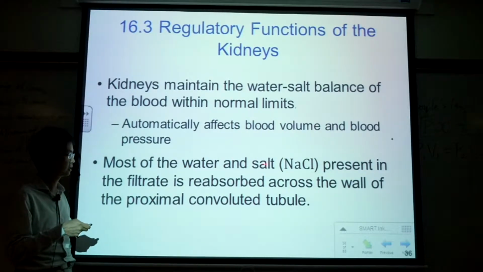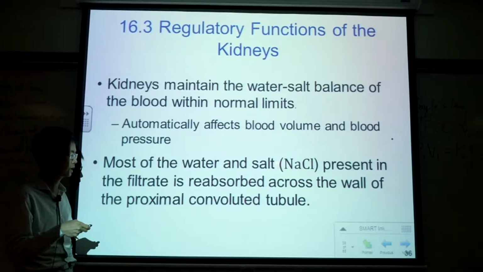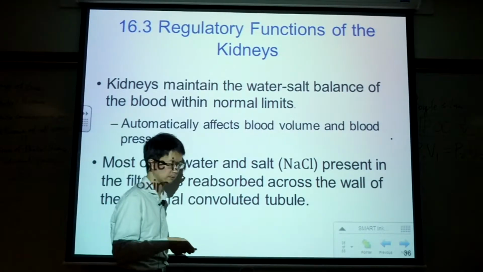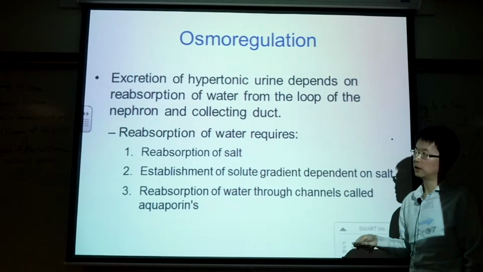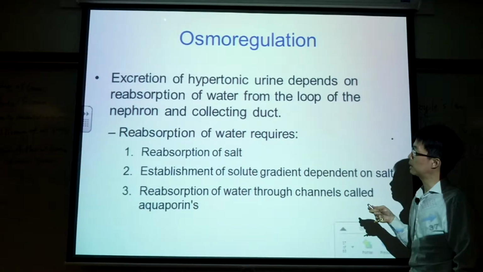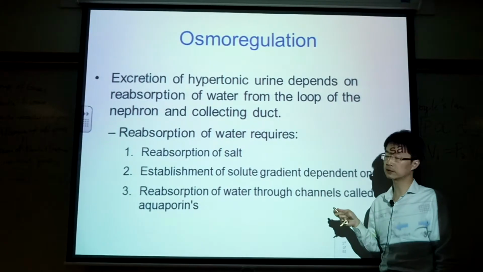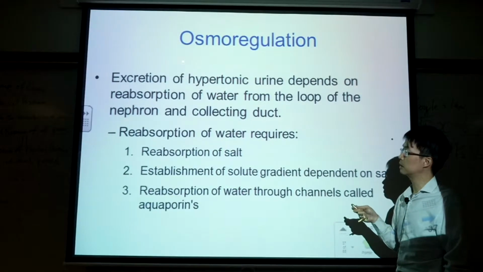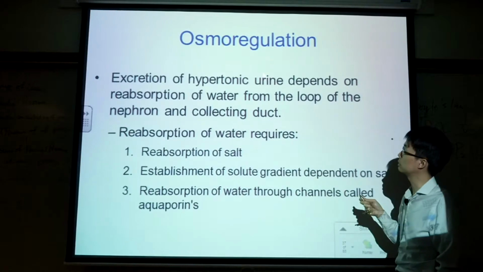So water and salt, NaCl, present in the filtrate are reabsorbed. Most of the water and salt are reabsorbed in the PCT, the proximal convoluted tubule. And then hypertonic, remember this term? We learned about hypertonic at the beginning of the semester. Hyper means high, tonic, high tonicity, you may call it high concentration of the urine.